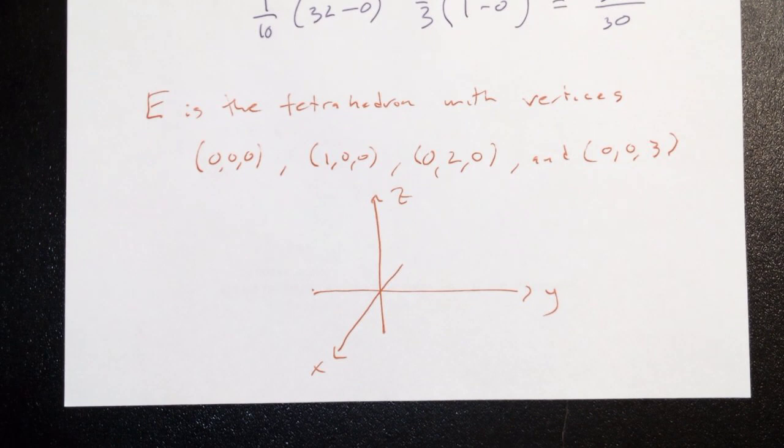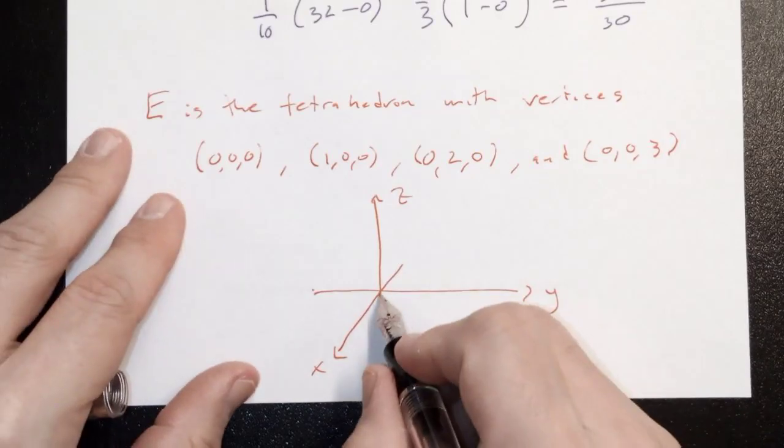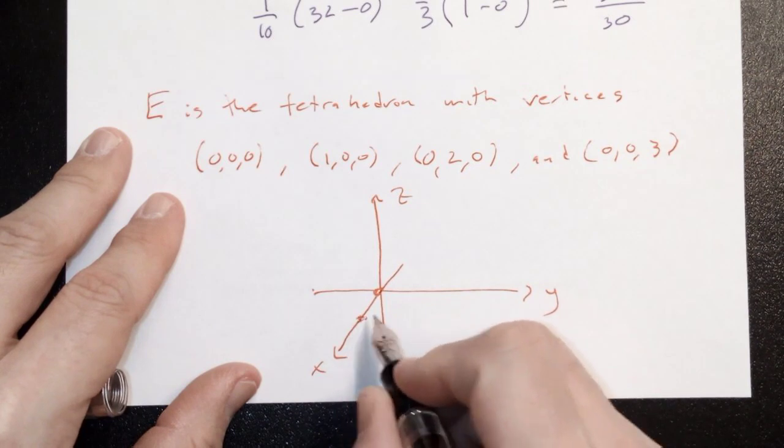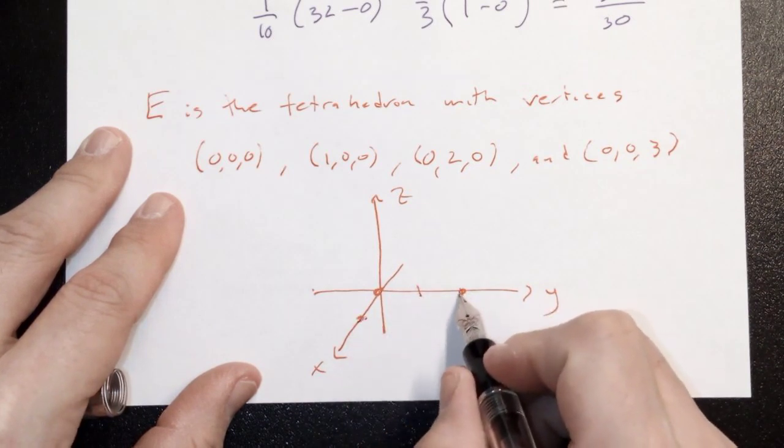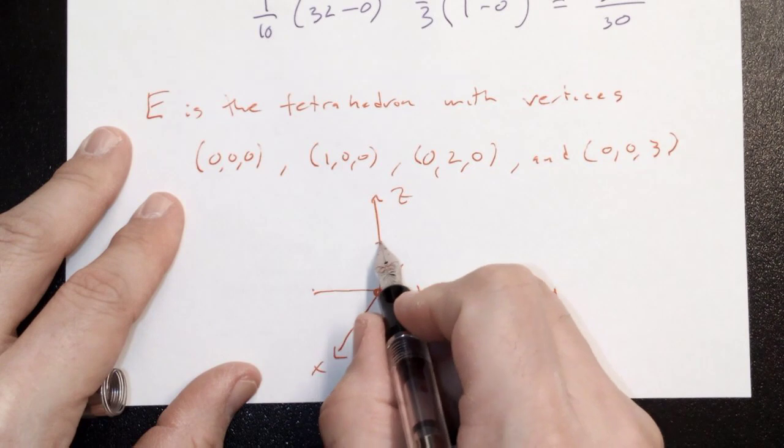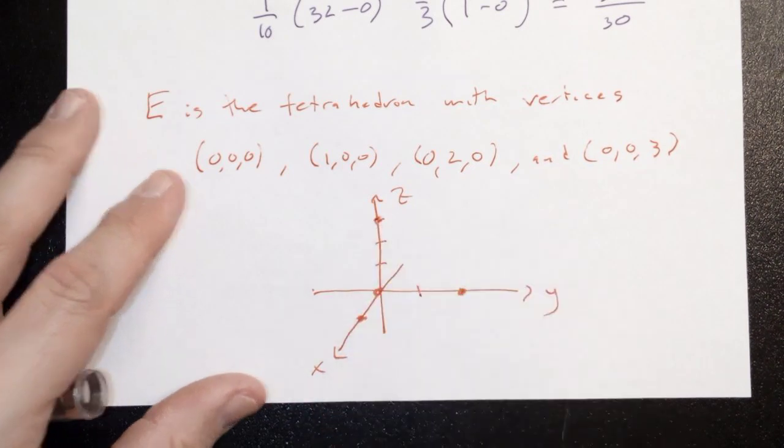Now, a tetrahedron means it's made of 4 triangles. It's got 4 corners. The corners are the origin, the point 1 unit out the x-axis, 2 units out the y-axis, and 3 units up the z-axis.